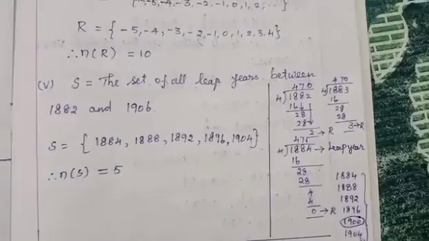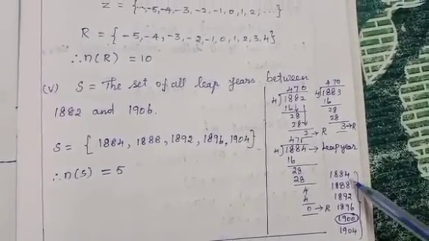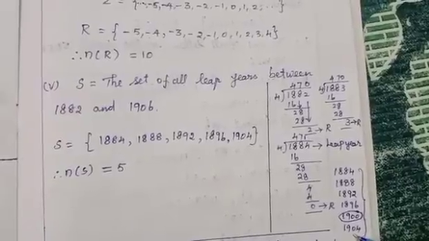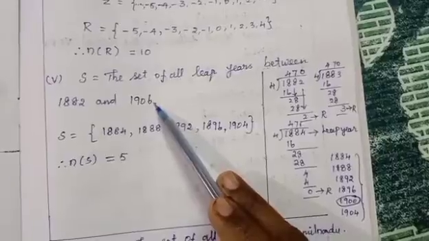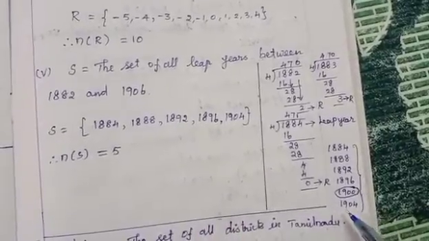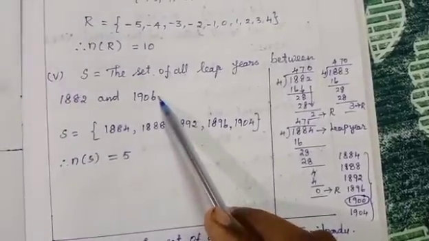Then 1904. For 1906, it is not a leap year, as you know. The next leap year is 1908. Here 1906 is given, so it is not a leap year.